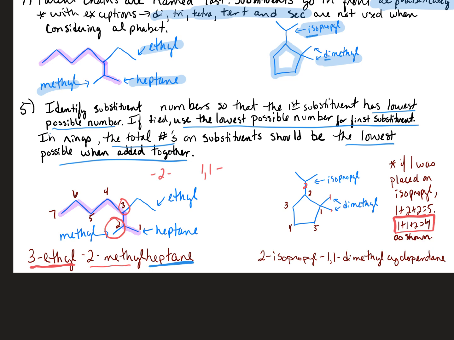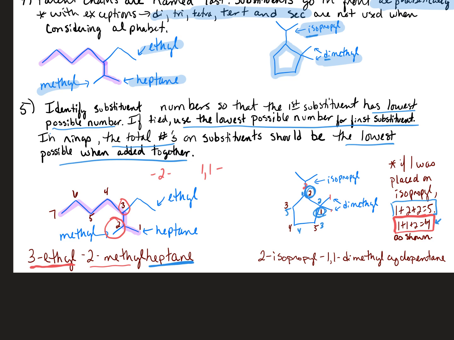If instead I were to number this and say this would be 1, this would be 2, 3, 4, 5. Well, if I did that, then the isopropyl would be 1, and then each of the dimethyls would be 2, and 1 plus 2 plus 2 is equal to 5. That's a higher number. So you don't want that one. You want the one that has the lowest total number. That would be your 4.